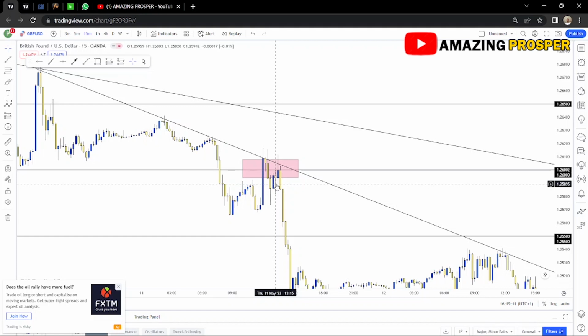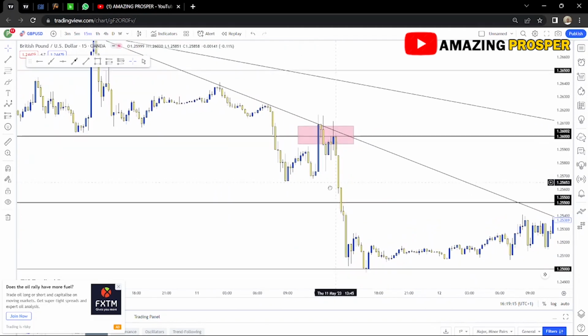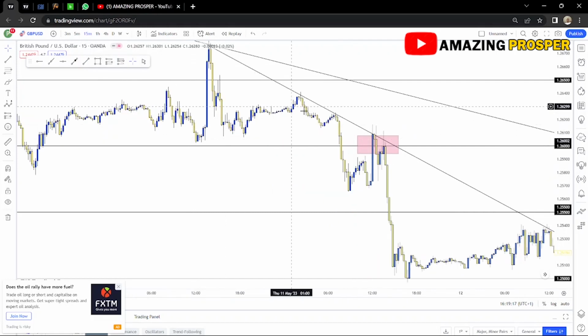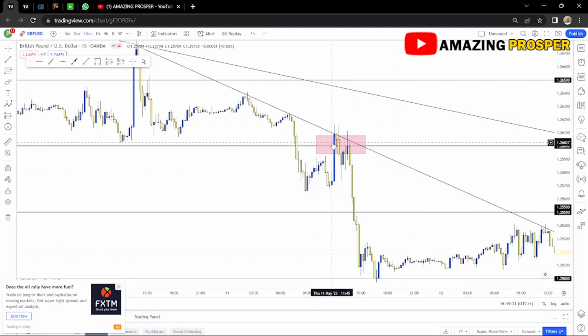It moves so fast and does so many pips. You can see the second bounce was maybe 50 pips plus, and it comes back to do the third bounce. Still, what happened? Almost 100 pips. From here to here is 50 pips, from here to here is 50 pips. So you can see what just happened: 100 pips from here down to here.